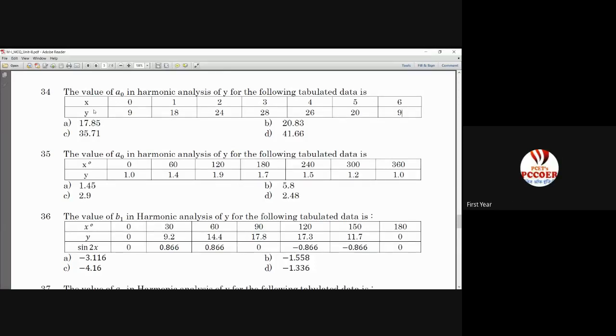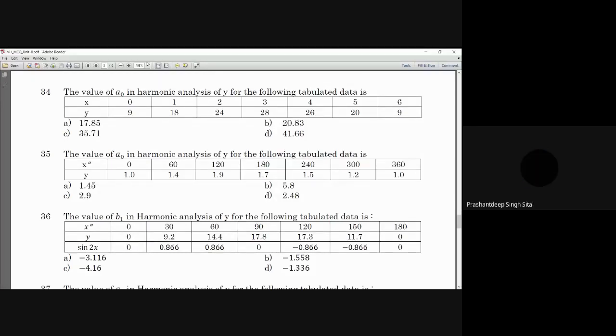Yes, ma'am. Okay. Quickly tell me now, solving, what is the value of A naught? Use your calculator and solve and try to see how much time it takes. That's the most important part. Question number 35. 2.9 is the answer.